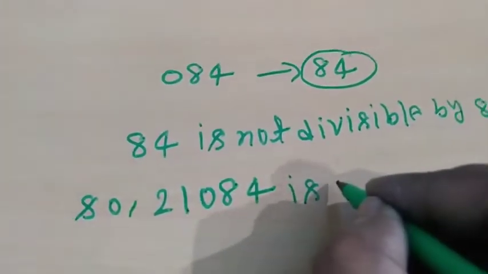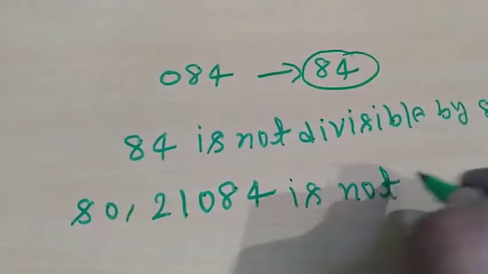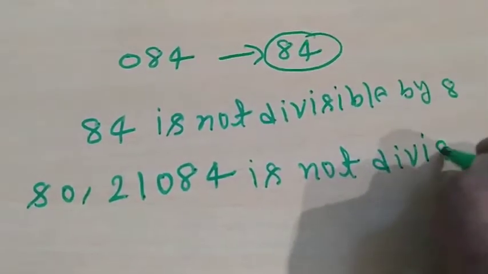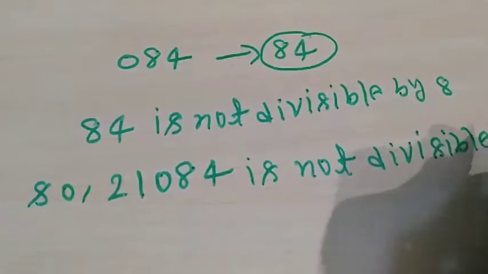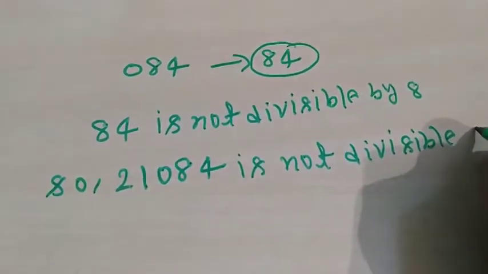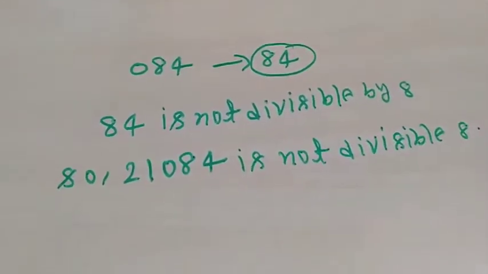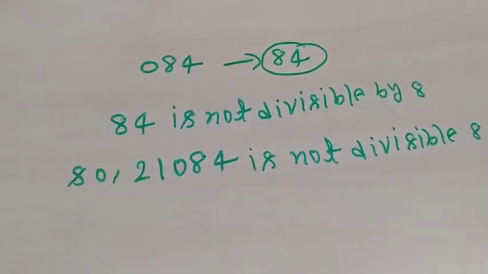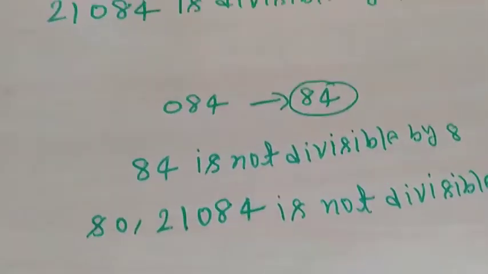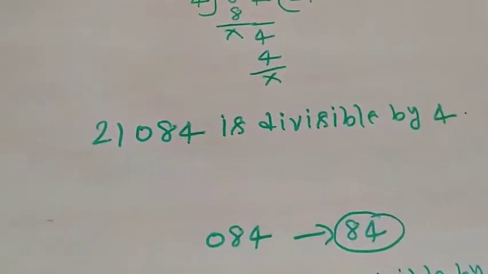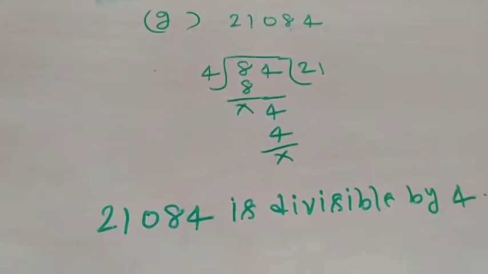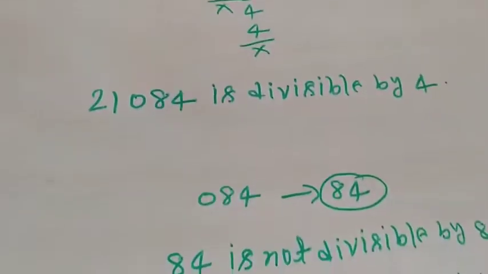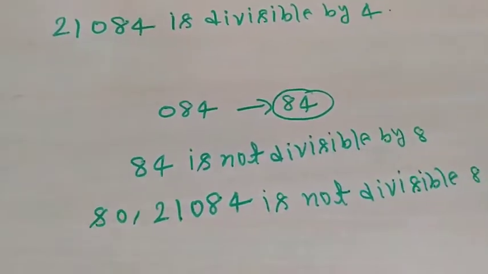Now you see here 21,084 is divisible by 4 but not divisible by 8.